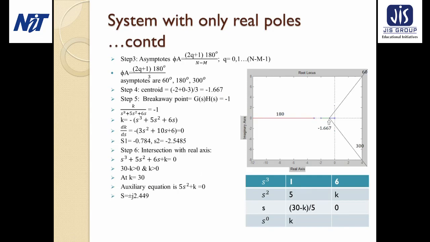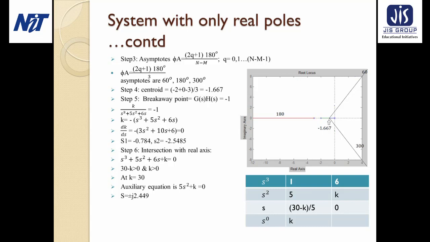Next, we need to find the asymptotes and the centroid. For the asymptotes, the number of poles is 3 and there is no zero, so n - m equals 3.